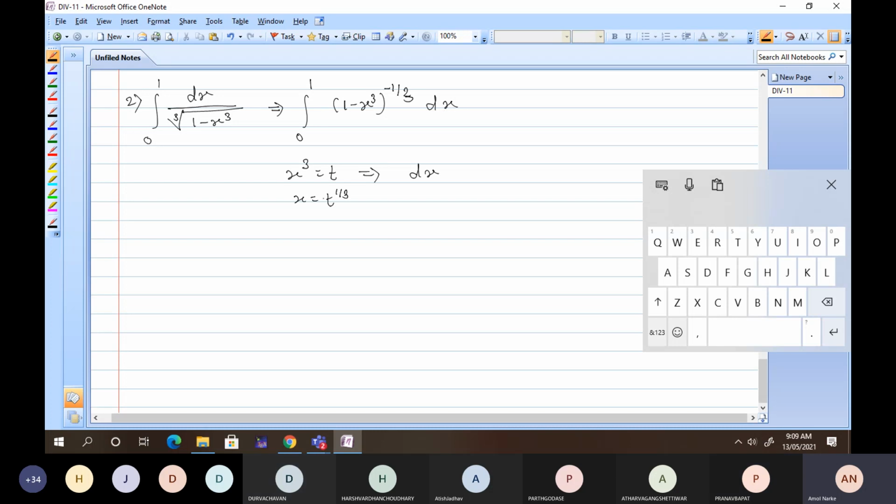Now the value of x becomes t raised to 1 by 3. So what is dx then? dx is equal to 1 by 3 t raised to minus 2 by 3 into dt. Now check the limits.